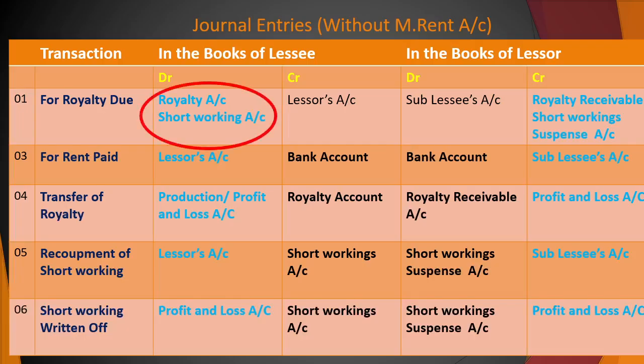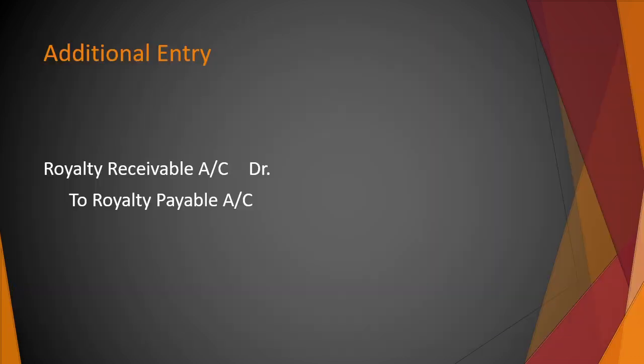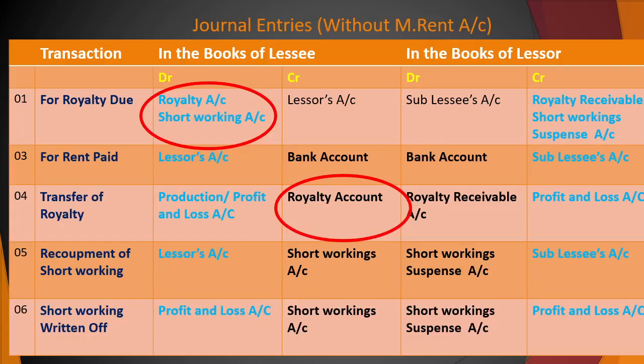The royalty account here, for the first transaction, royalty due, and the second one for royalty transfer. So there are only two transactions to record for the royalty payable account. Of course, we are not going to prepare this adjusting entry here because we are transferring the royalty amounts to profit and loss account instead of production account.